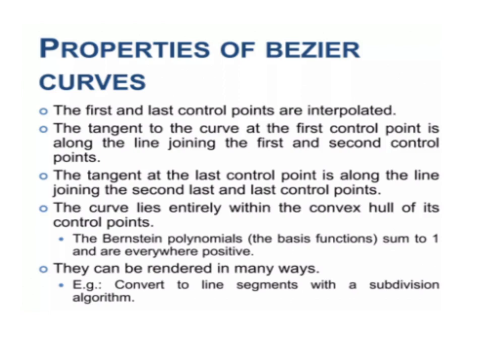The tangent at the last control point is along the line joining the second last and last control points, as we discussed earlier. The curve lies entirely within the convex hull of its control points; this is the main property of the Bezier curve.